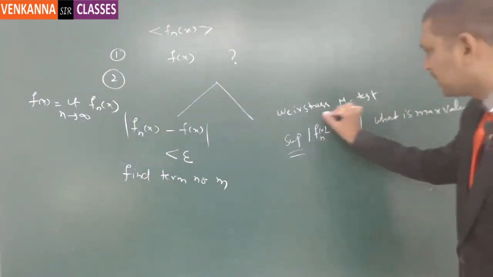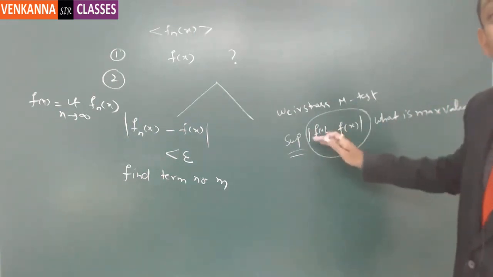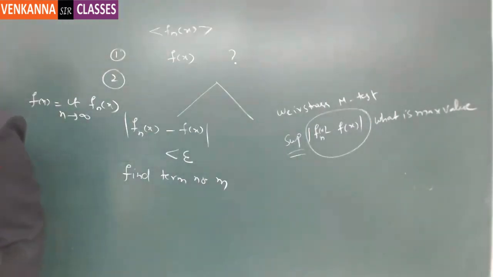Suppose this is a function. How do we find the maximum value of a function? In calculus, how do we do it? You have learned about maxima or minima, right? Whenever a function is given to you, how do we find maxima or minima of it?